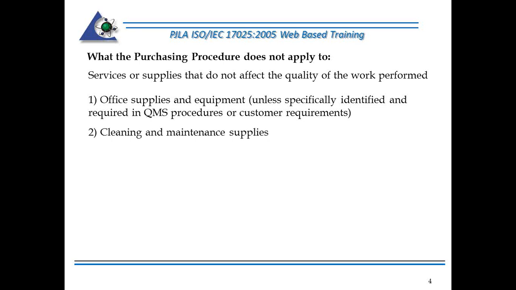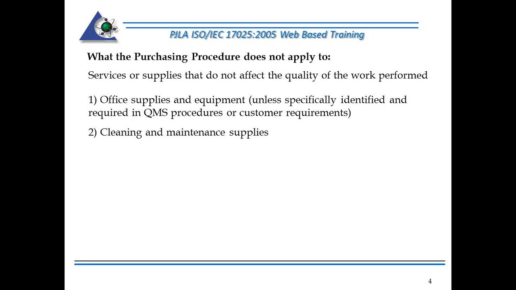Cleaning and maintenance supplies. For instance, almost all organizations will have rolls of paper towels that people will use to dry their hands. And unless you're in a food testing lab or something like this where there might be requirements that you use material for hand towels that doesn't contain particular materials or particular chemicals, in those cases, if there was that kind of a requirement, that would have to be addressed under the purchasing procedure.